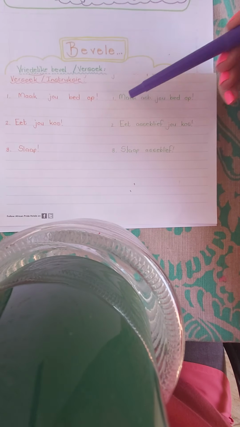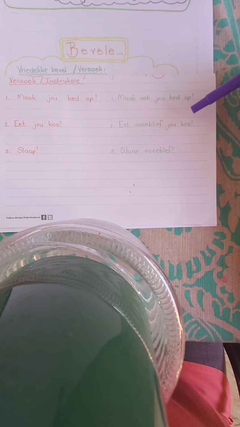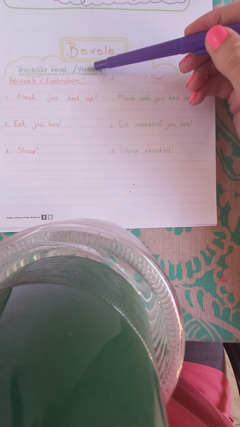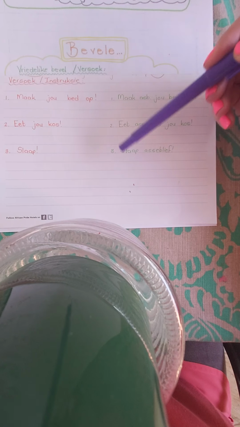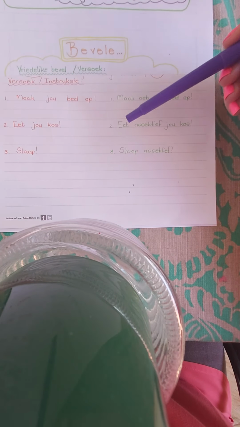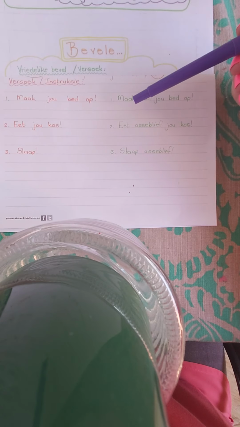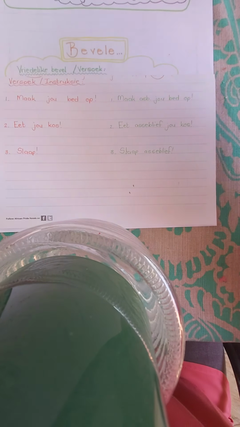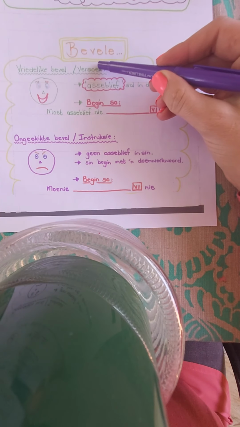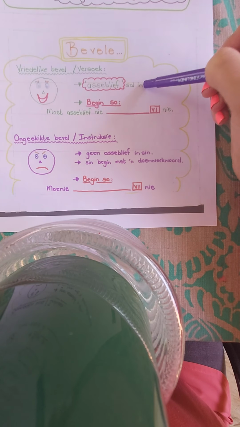So you need to look out for a doing verb. Don't always rely on the exclamation mark at the end of the sentence, because there won't always be an exclamation mark, especially with your requests. So make sure that you pay attention to this very first word to be able to identify whether it's a demand or not.